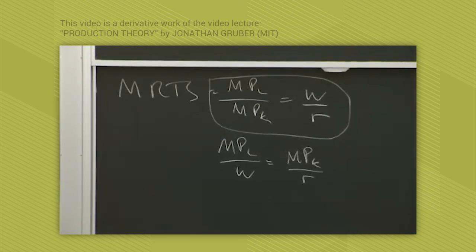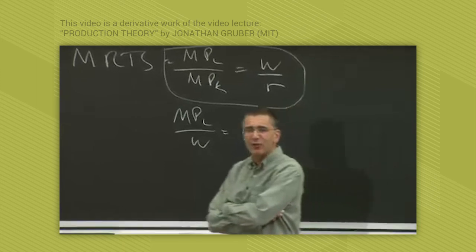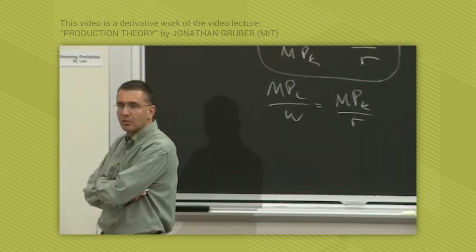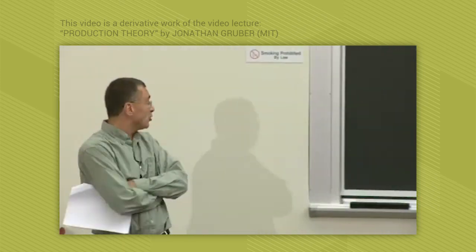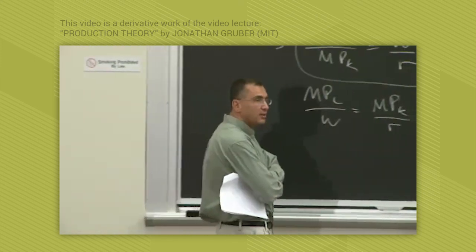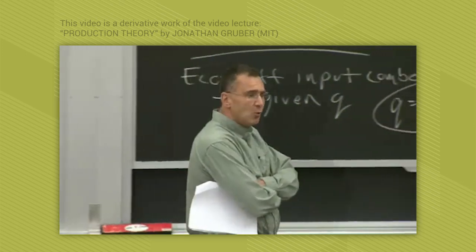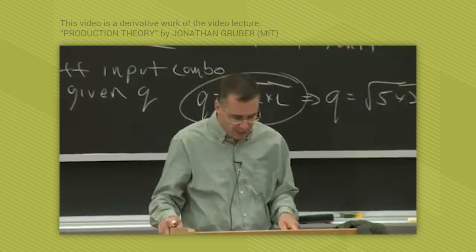The marginal product of labor over the wage is sort of the bang for buck of workers. Okay? What are you getting for your next dollar of wage? The marginal product of capital over R is the bang for the buck of machines. What are you getting for your next dollar of rent? And the efficient point is where these are equal. If they're not equal, then you have too much of one and not enough of the other.